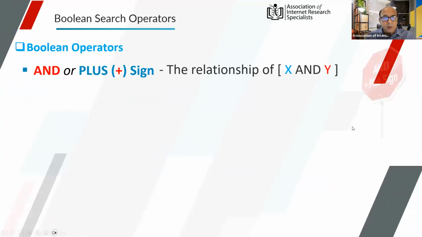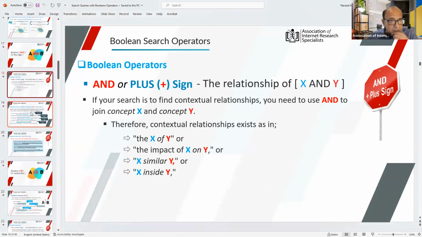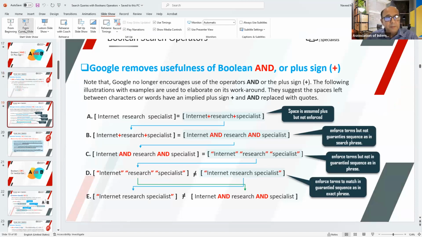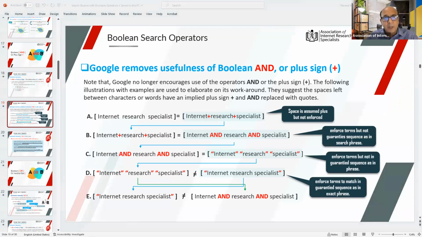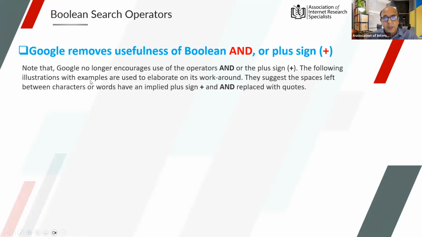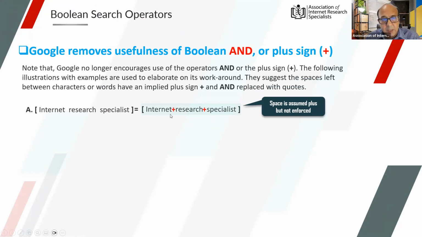the elimination of the, okay, let me see, where is that slide here? Here is the elimination process of AND. And this is what is important as a concept, why we want to replace AND. Now watch carefully. In this one, you could see three words: Internet Research Specialist is the same as Internet plus Research plus Specialist.